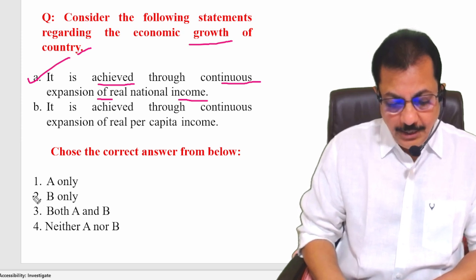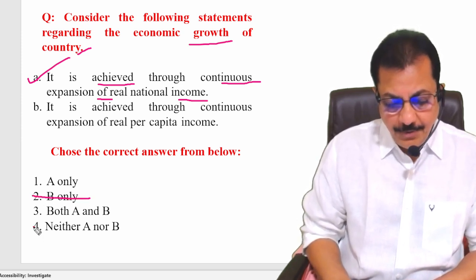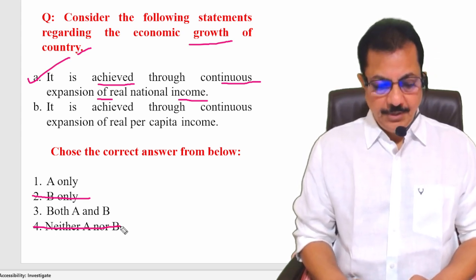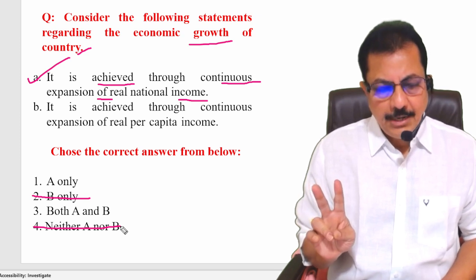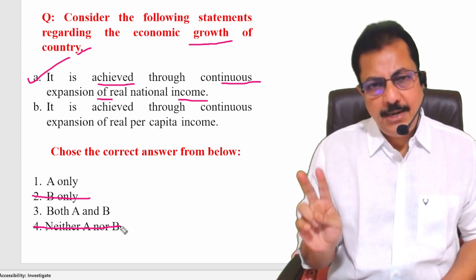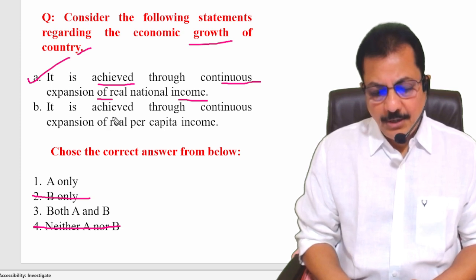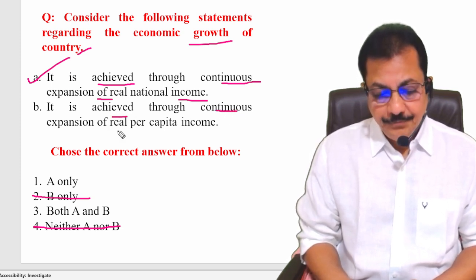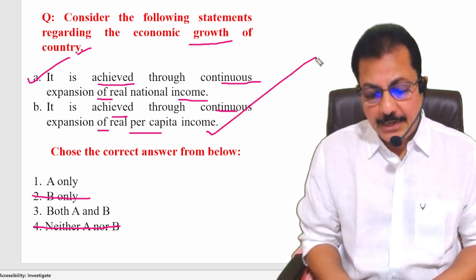So then only B I can remove. Neither A nor B also I can remove, because statement A is correct. So I have reduced my options to 2. Now I am left with one statement and two options. Economic growth is achieved through continuous expansion of real per capita income.